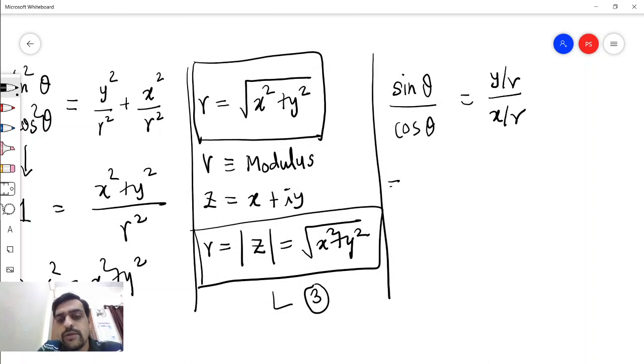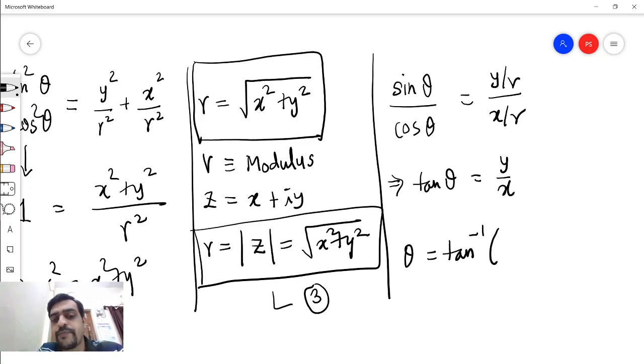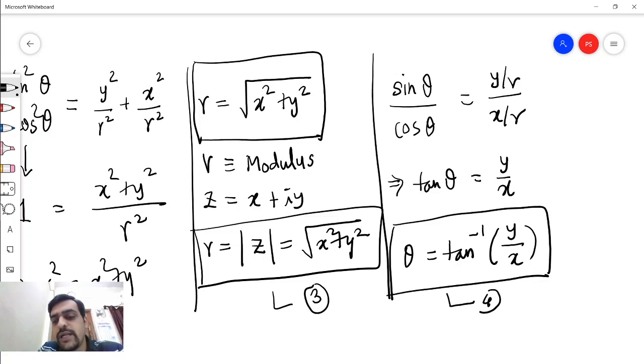So this means tan theta will be y by x, or theta will be tan inverse of y by x. So yes, we also have a formula for theta now.